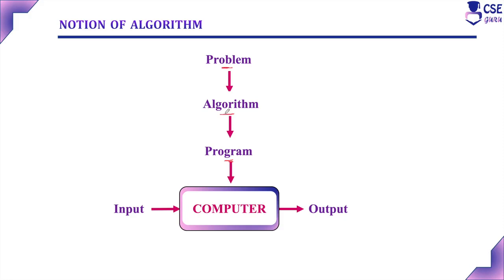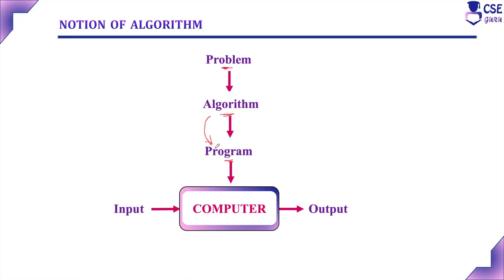In this algorithm, we need to specify a sequence of instructions. These instructions should be converted to programming code and can be implemented in any programming language by a programmer. So the initial stage is the problem. Next, to solve the problem, we need to write an algorithm. Algorithm is nothing but a sequence of instructions to solve a problem.